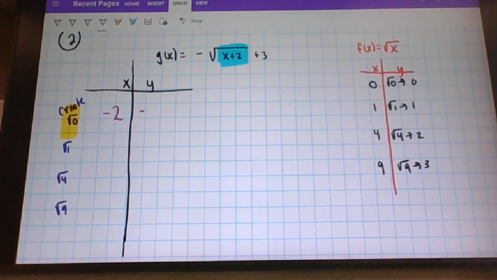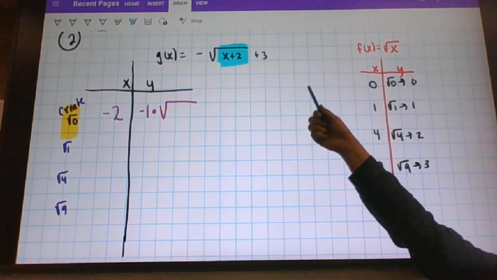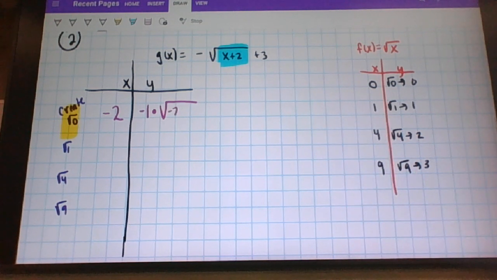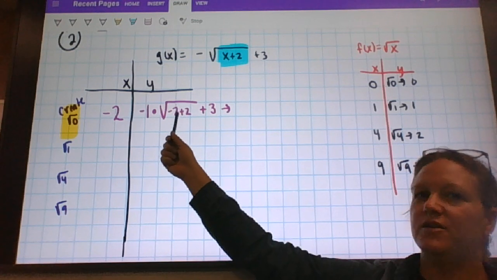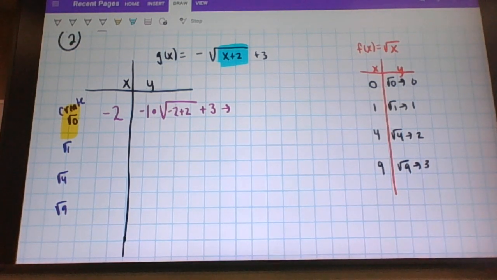So this is negative 1, and I'm going to put negative 2 in the x spot. So the order of operations here is that I do this under the radical bar first. That's actually considered a grouping symbol, like parentheses. Oh, there it is. There's the square root of 0.